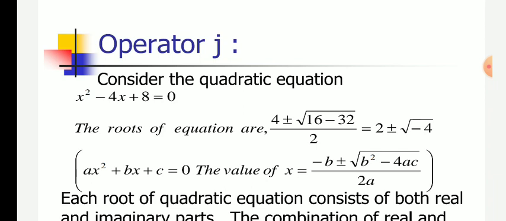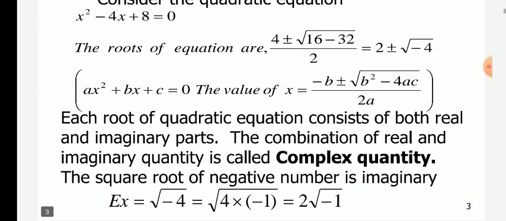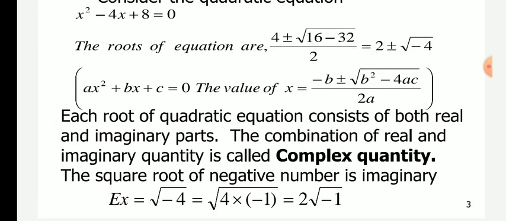So we shall discuss what a complex number is. Consider the quadratic equation x squared minus 4x plus 8 equals 0. The roots of this equation are given by 2 plus or minus square root of minus 4. Each root of the quadratic equation consists of both real and imaginary parts.